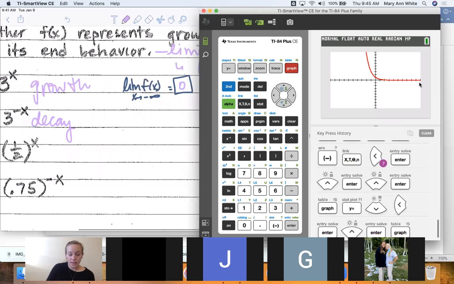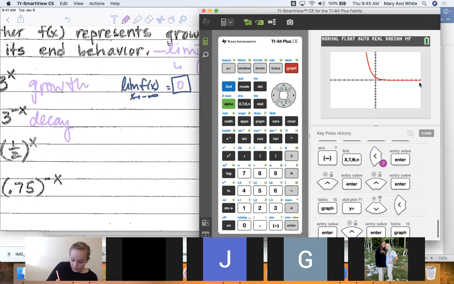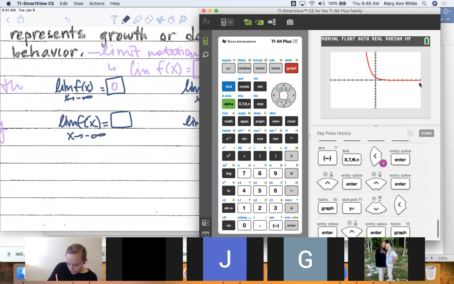Again, I'm going to do my limits. So I'm going to write my limit notation. Limit of f of x as x approaches negative infinity, and then we'll do it for positive infinity.